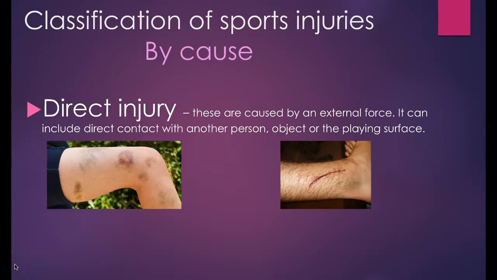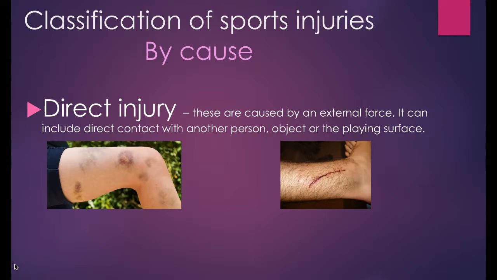First way we can classify sports injuries by their cause is a direct injury. These are caused by external forces, which means forces from outside of the body. It can include direct contact with another person, so if a person is tackling another person and their knee collides with the other person's knee, that may result in a contusion.